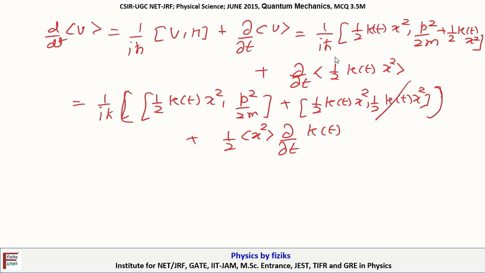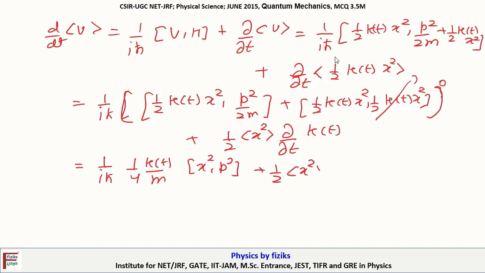Now the value of this commutator vanishes out, and here we would be having 1 by i h cross, 1 by 4 k(t) by m, x square p square commutator, plus half average x square into del by del t of k of t, dk by dt.